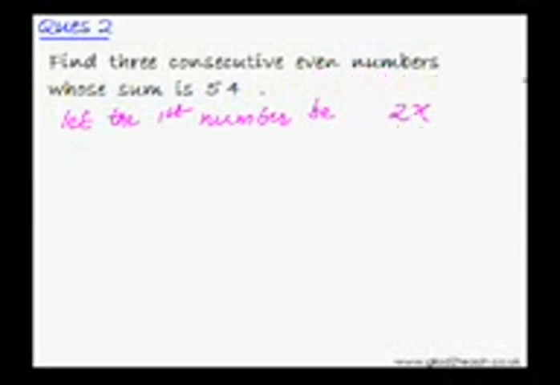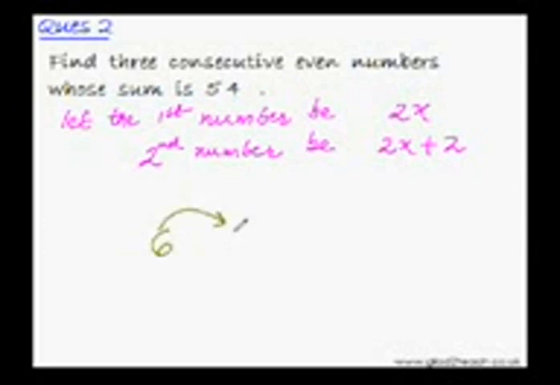See? Now, if the first number is 2x, then can you tell me what the second number would be? Yes, absolutely correct. It would be 2x plus 2. Like if the first even number was, let's say, 6, then the next even number would be 8.